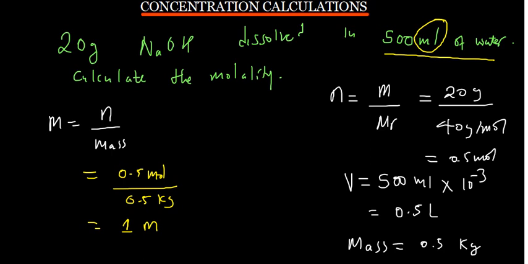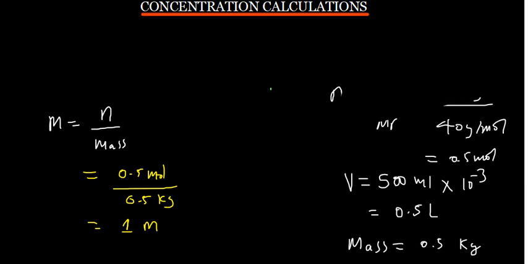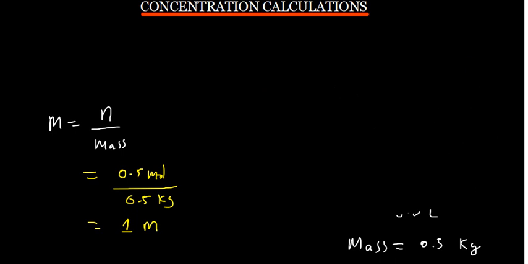Alright, so the next type of concentration that you need to know, we've talked about molarity and molality. Another one you need to know is formality and normality. I'm not going to talk about normality now.